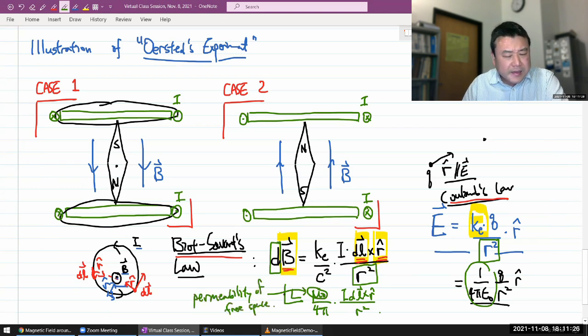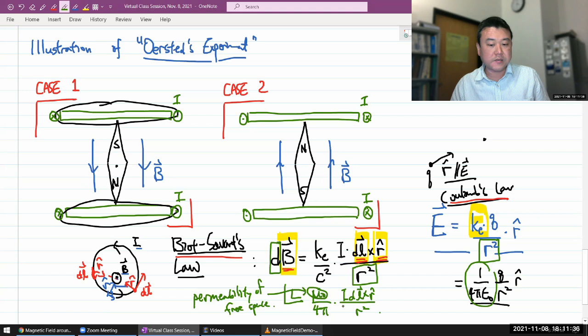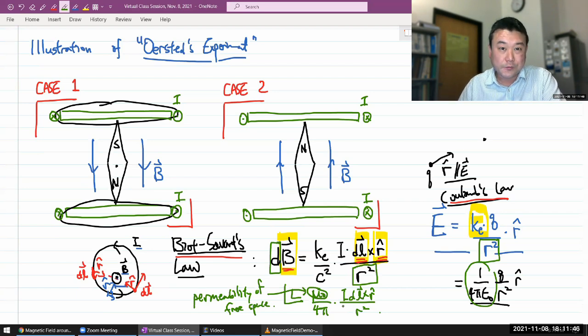And I guess the downside of using these separate constants is that it doesn't highlight as well the unified nature of electricity and magnetism, which is what we are getting to by the end of the semester.